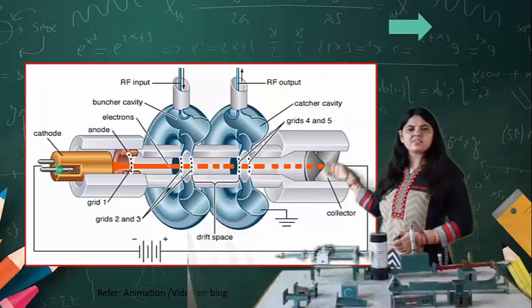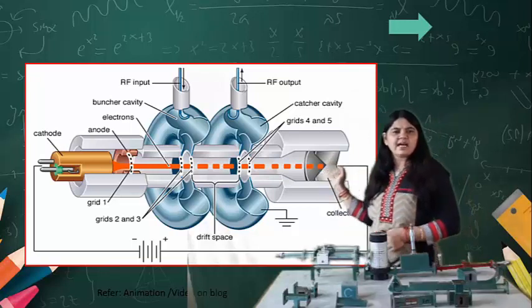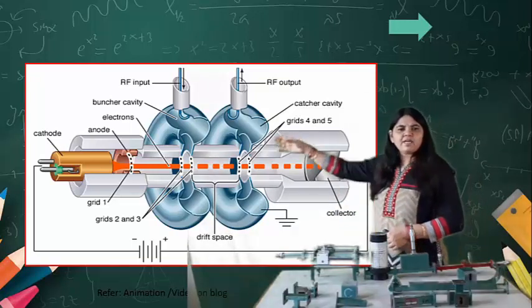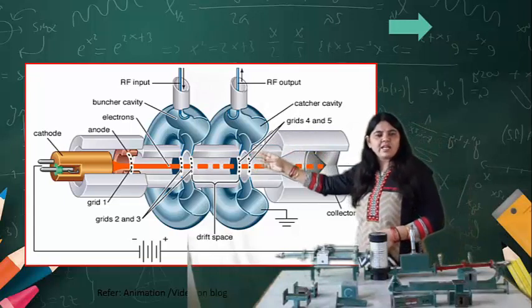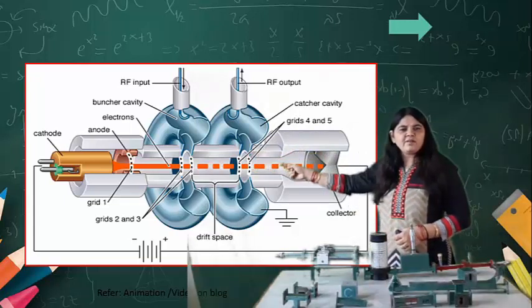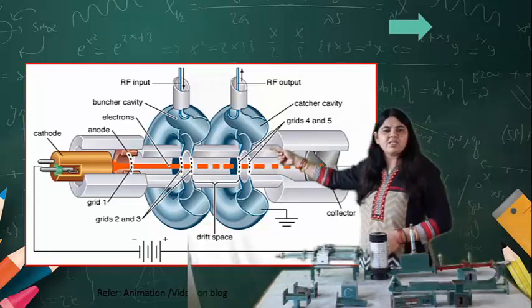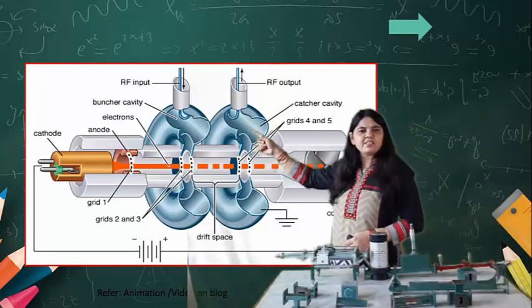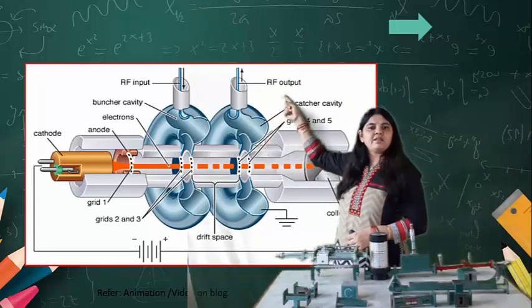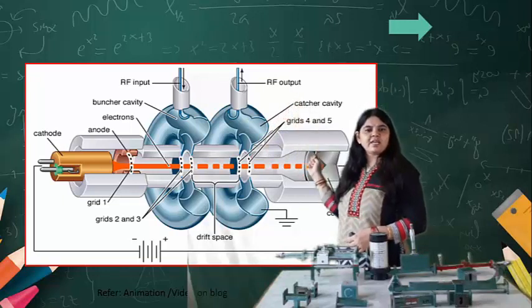And now here you can see the construction that we have: there is an anode, and after that the cathode. Now what is applied at the buncher cavity? RF input is applied. At the catcher cavity, the RF output is taken.